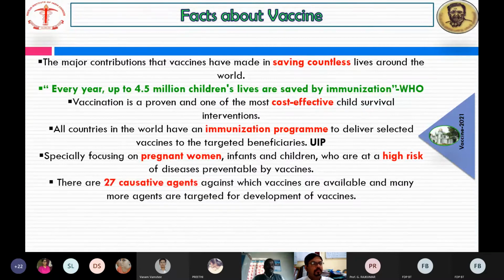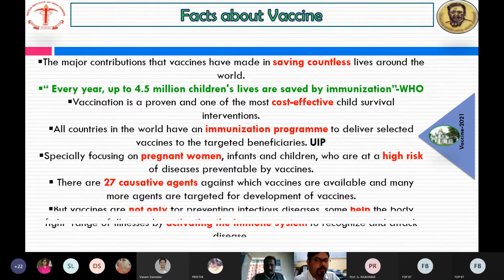There are around 27 causative agents against which vaccines are available, and many more agents are targeted for vaccine development. 27 causative agents are identified, and the vaccines are approved in the entire world.